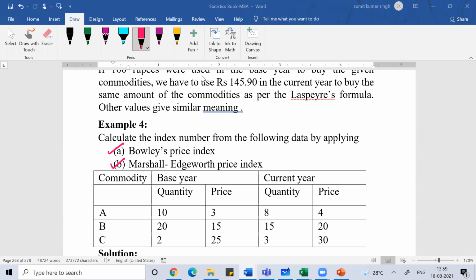Ayan is asking, so to get this answer, should we try all methods? No, Ayan.